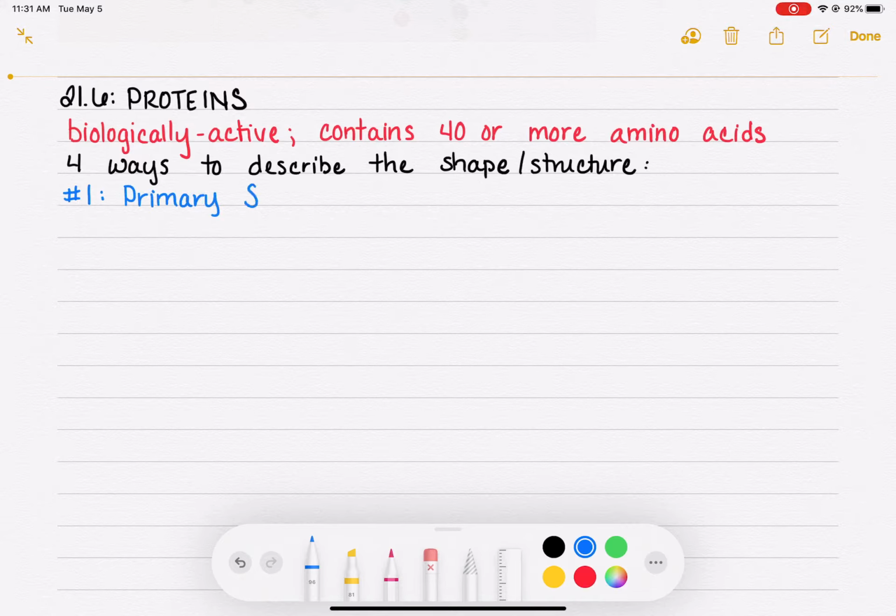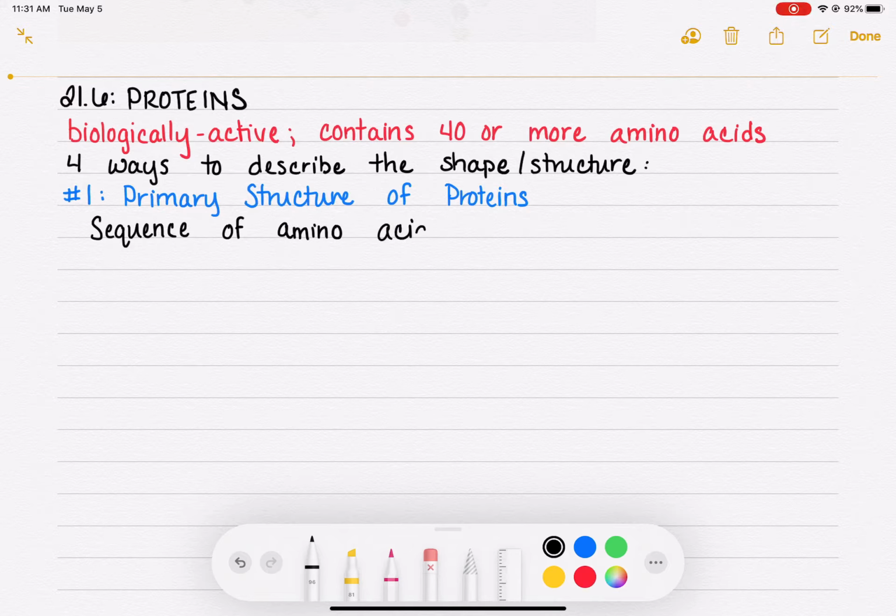The primary structure of the protein. And all proteins can be described by their primary structure. And the primary structure is simply the sequence of the amino acids, the way that we were writing them for peptides.